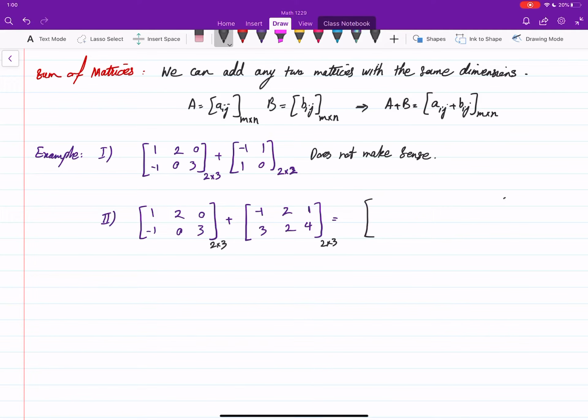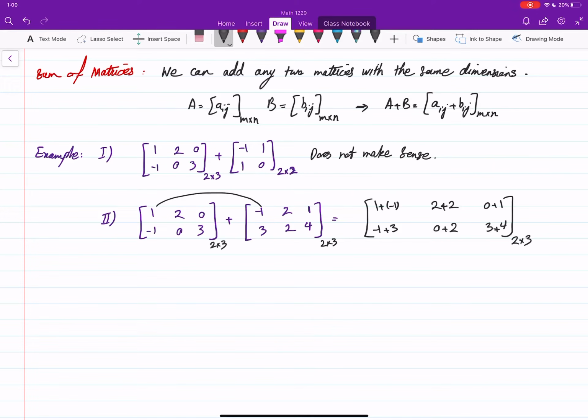The resulting matrix is going to have 2 rows, 3 columns. And then what do you do for the entries? Add the corresponding entries: 1 plus -1, 2 plus 2, 0 plus 1, -1 plus 3, 0 plus 2, and 3 plus 4.